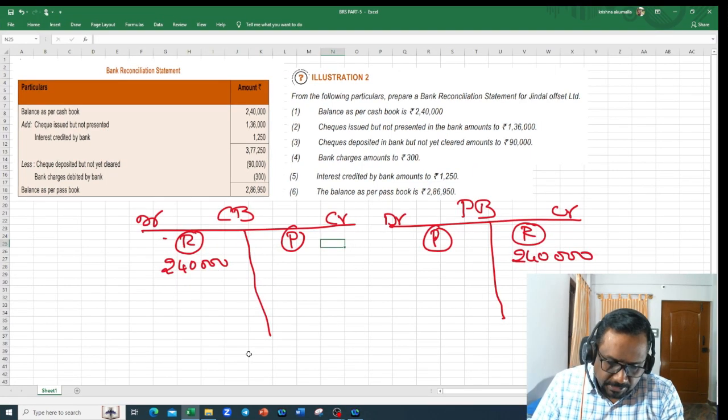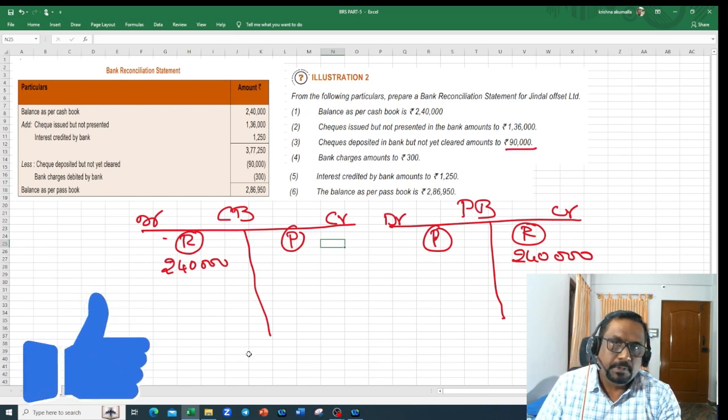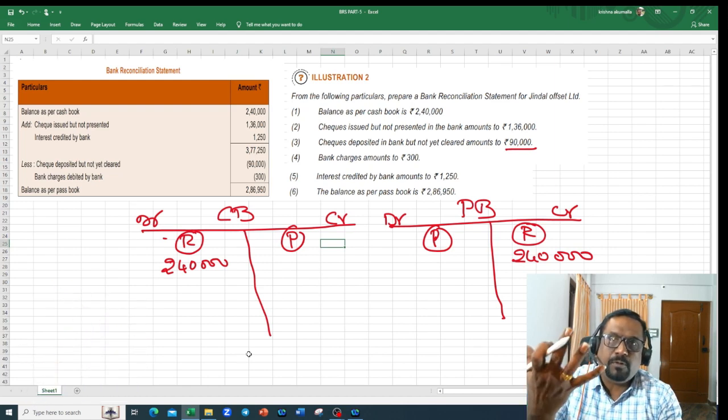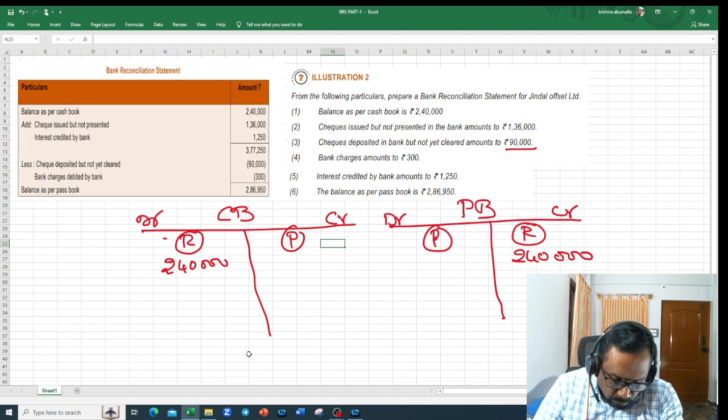Right. Next one. Checks deposited in bank but not cleared amounts to 90,000. When we deposit the checks, they are receipts for us, right? They are the amounts to be collected by the banker on behalf of us, right? We deposit it. So as soon as we deposit, we record that on the receipt side as 90,000.